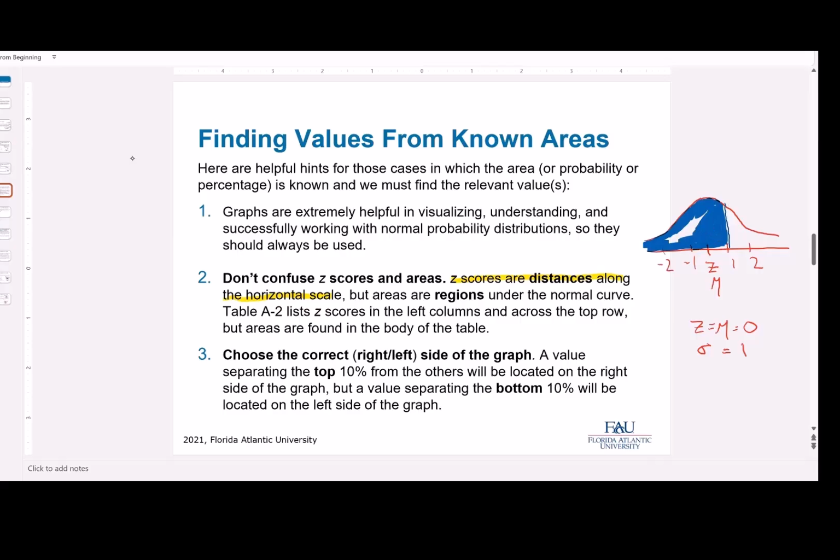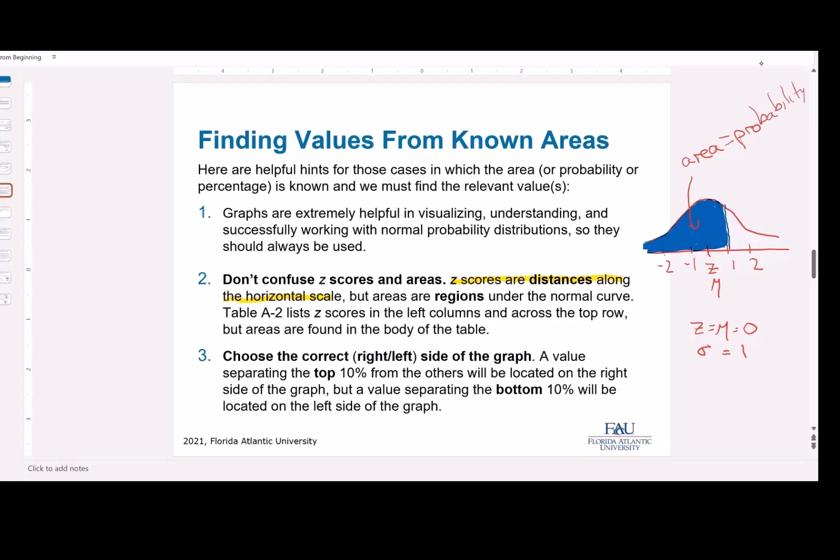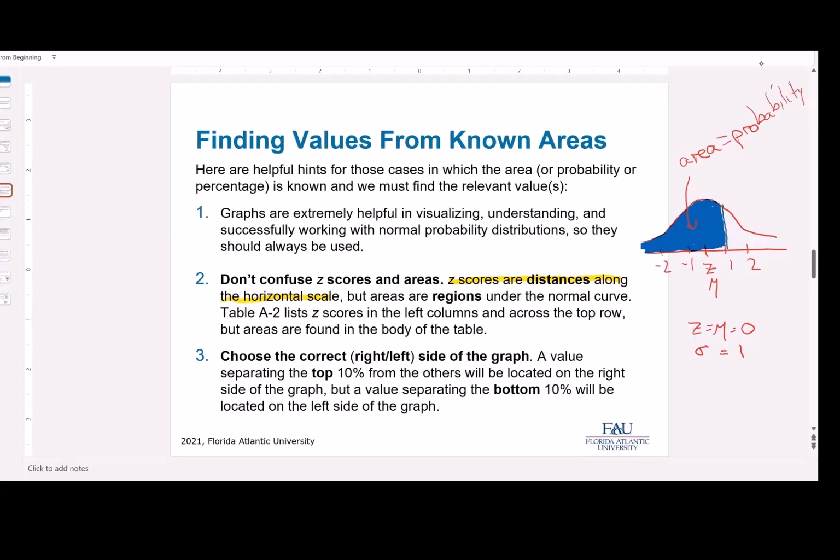Here I picked 1. X is less than or equal to 1, I would get the area, which is the same as the probability, but is not the same as the z-score. We could even find out what it is.